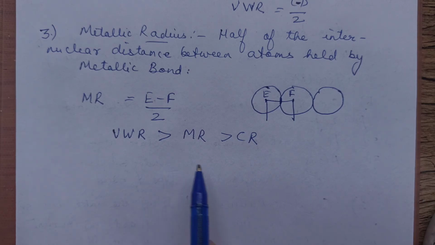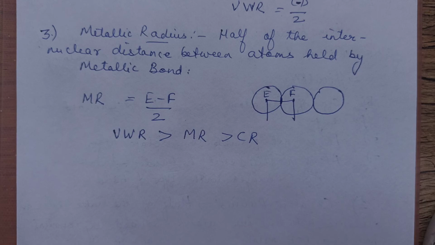So in today's class, what we have discussed is what atomic radius is. Atomic radius will be measured in the similar units we discussed earlier, that is picometer, angstrom unit, nanometer, etc. Then we discussed what difficulties there are in calculating the atomic radius. Then we discussed that the same atom may have a different radius depending upon the bonded state it is existing in.